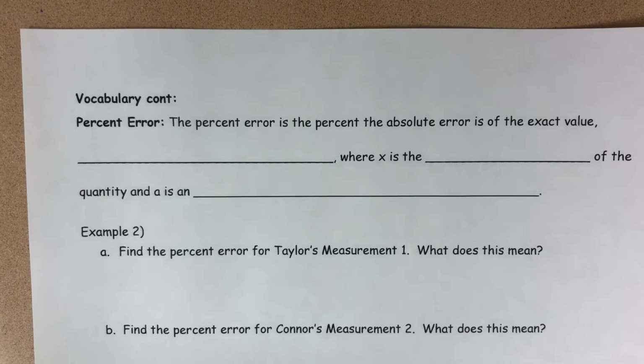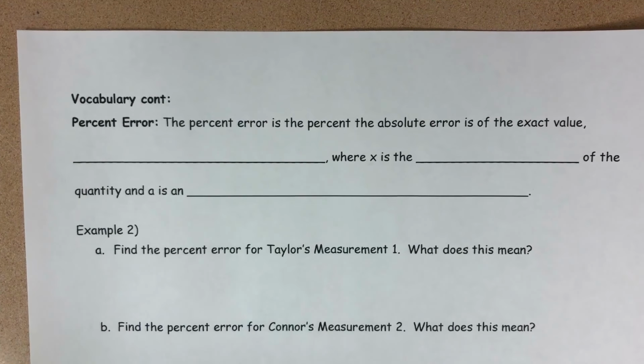Hope you enjoyed. All right, percent error. The percent error is the percent the absolute error is of the exact value. And here is our little formula we're going to use: the absolute value of A minus x divided by the absolute value of x, times 100.